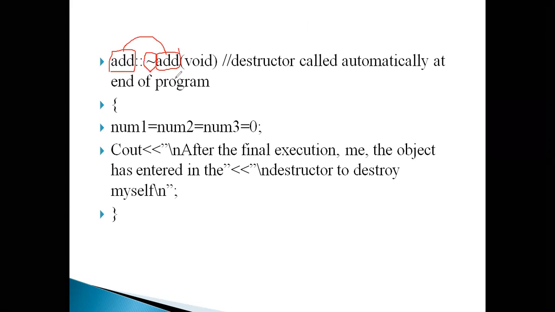If it is like so, then you call this a destructor. Here I simply specify the value 0 to num1, num2, num3. After the execution, whenever the object is out of scope, the memory will be deallocated. This is the destructor.